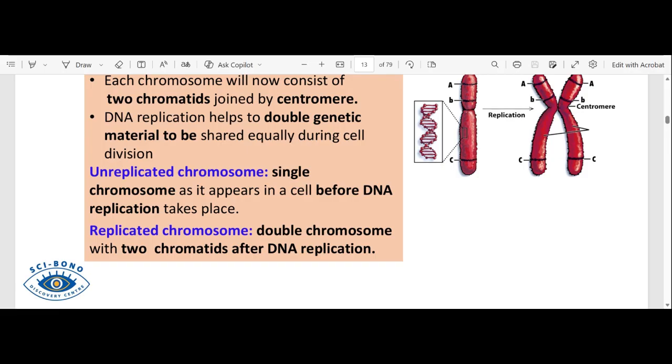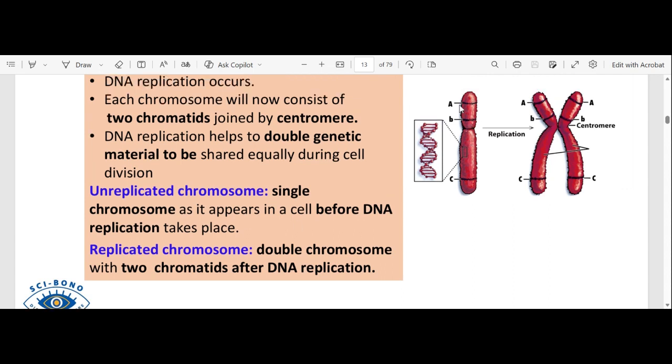Okay, let's go to the same point. It says unreplicated chromosomes: a single chromosome as it appears in a cell before DNA replication takes place. So this strand, this chromatid, is called an unreplicated chromosome.